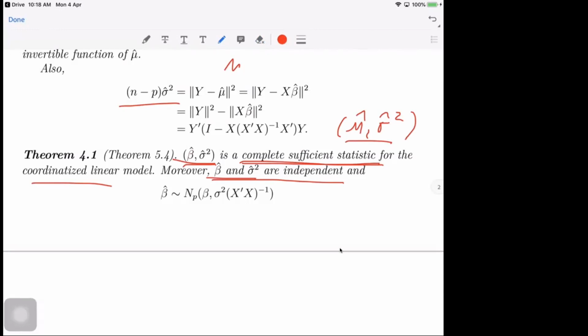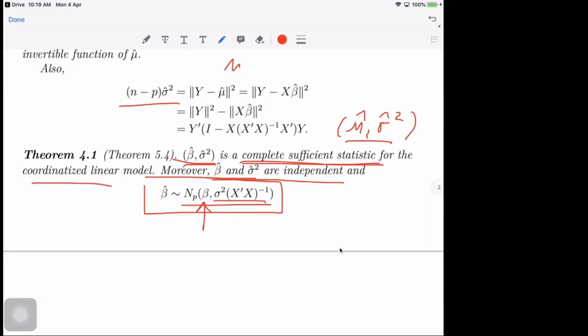Beta hat and sigma hat square are also independent, and the distribution of your beta hat will be normally distributed with mean beta and variance sigma squared (X prime X) inverse.